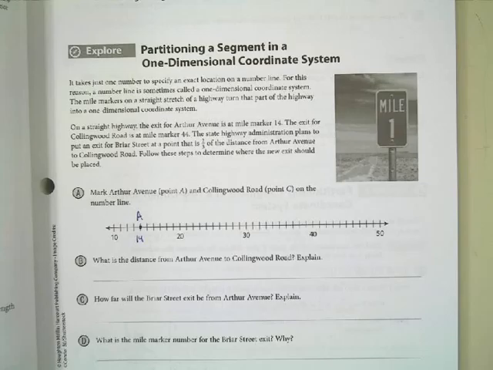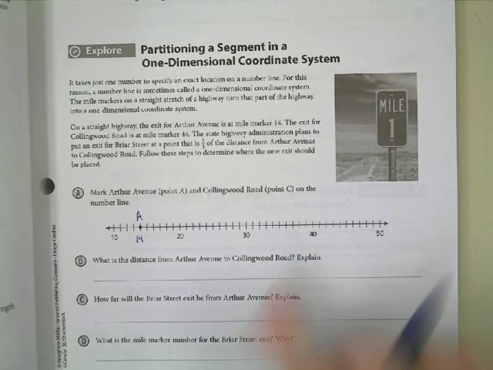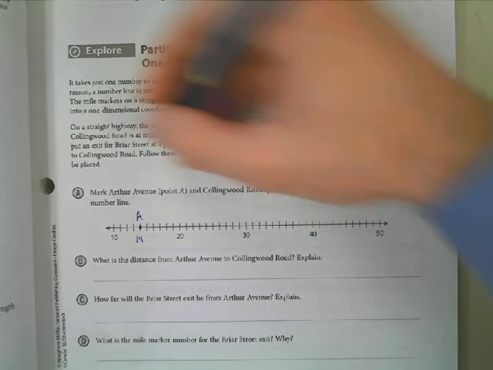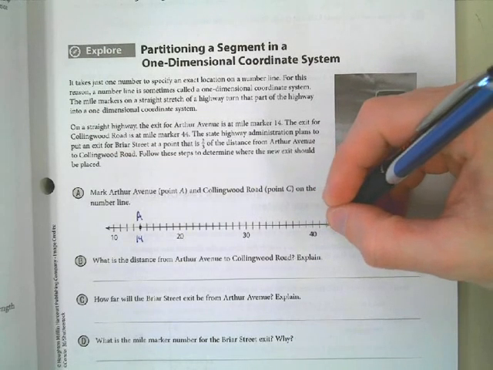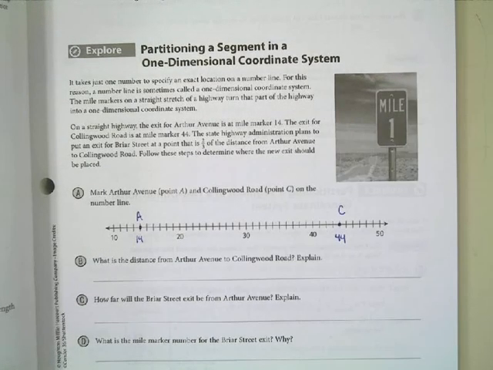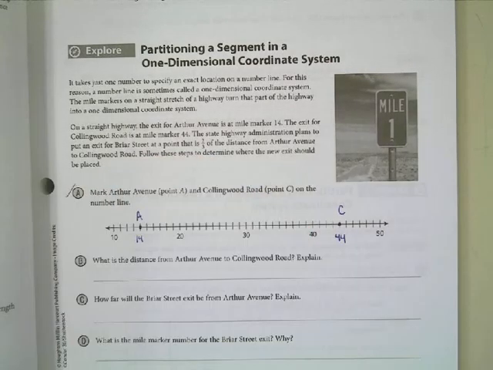That's very convenient, they named it Arthur Avenue. And then Collingwood Road, where is that going to be? Looks like mile marker 44. So 41, 42, 43, 44. Point C, 44 there. So check, we did A. Done. Letter B then.